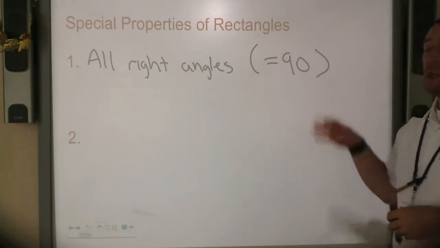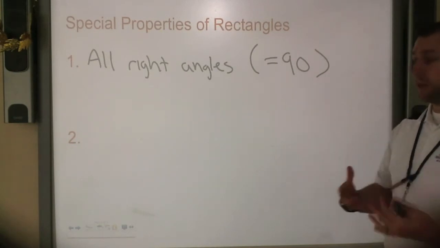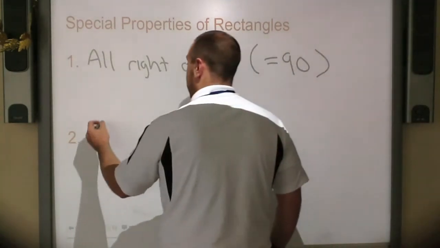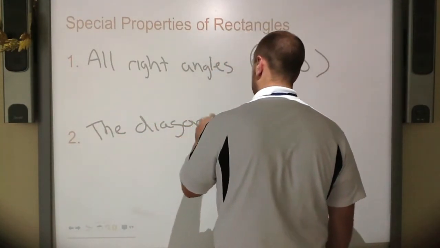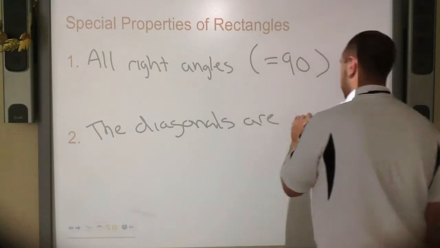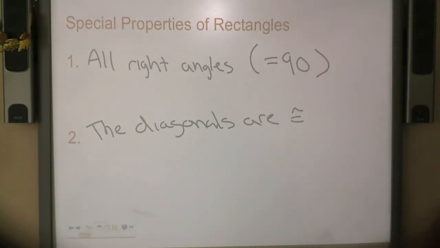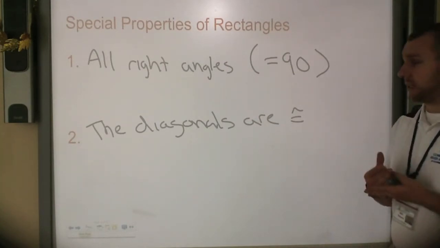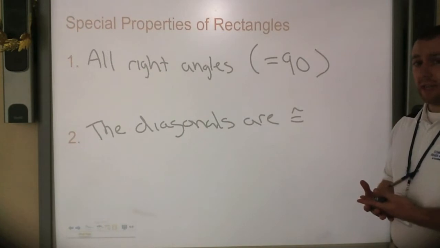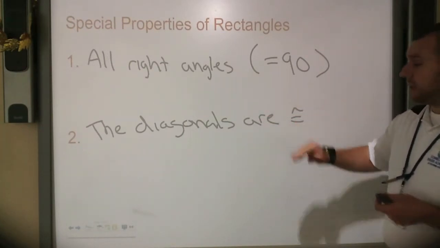And the other property, where the Geometer Sketchpad sketch really came in, is that the diagonals are congruent. Unlike parallelograms, where the diagonals are not congruent, they just bisect each other, rectangles actually have them where they are equal.